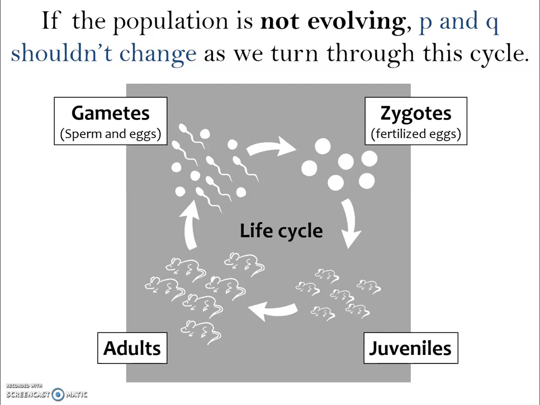And as frequencies, these are numbers between 0 and 1, where 0 means that allele is not present, and 1 means that allele is the only allele.